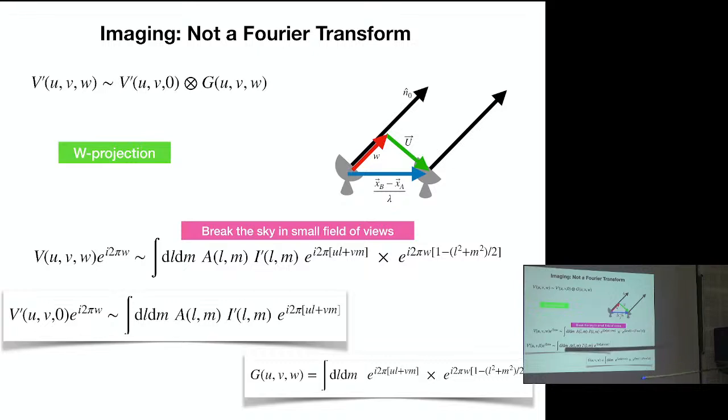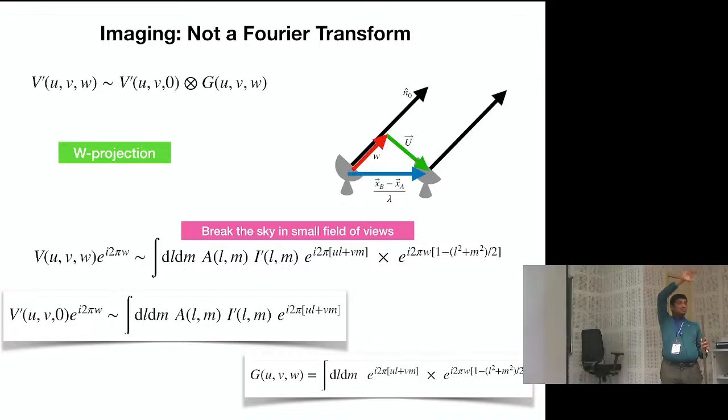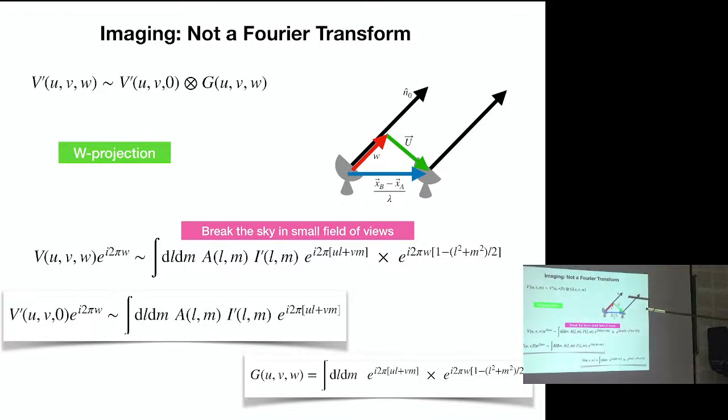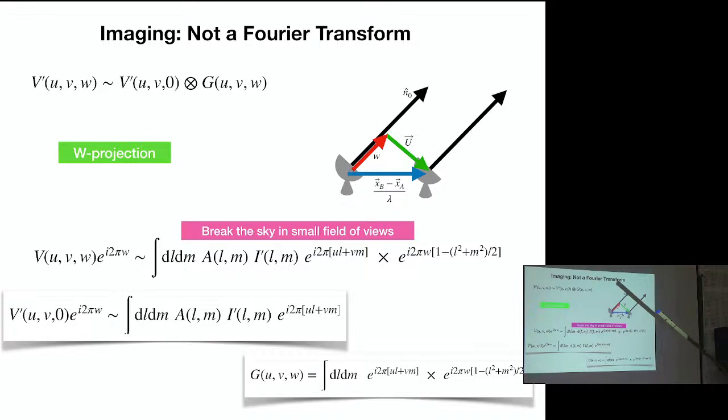What is the visibility with W equals 0? Well, remember that I have broken my field of view into many small facets or many small W projection planes. So this is towards one of these W projection planes. If I look at that as the line of sight, my sky is perpendicular to that, like this.